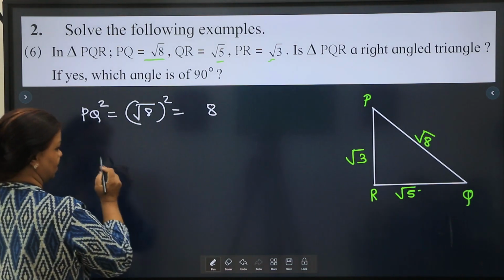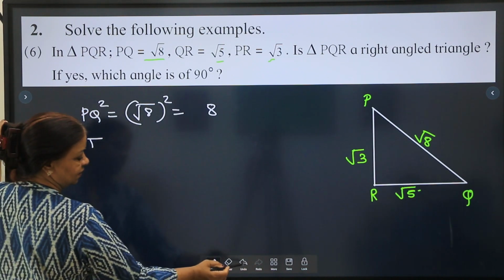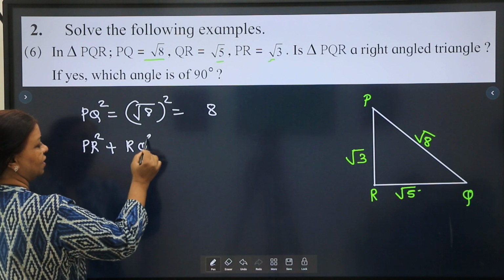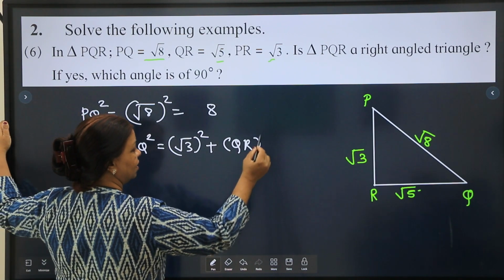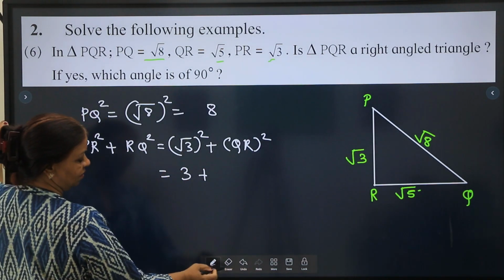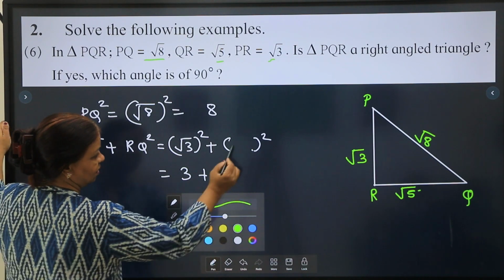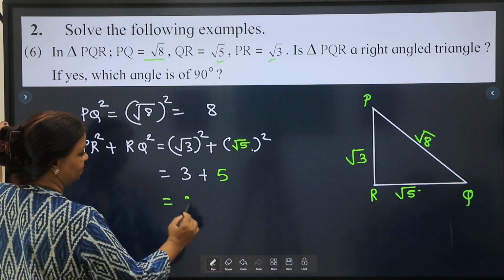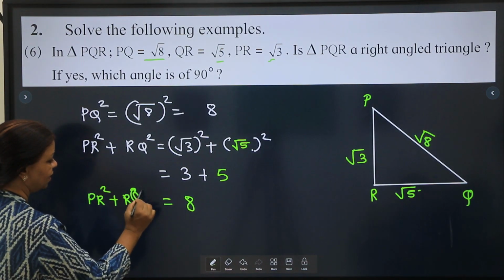Then the sum of the squares of the other two sides, that is PR square plus QR square, which is root 3 square plus root 5 square. Root 3 square is 3, root 5 square is 5, and 3 plus 5 will be 8. So, PR square plus RQ square is 8.